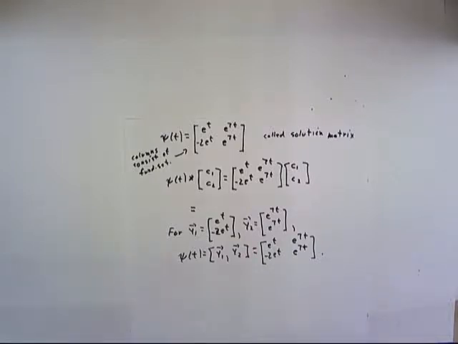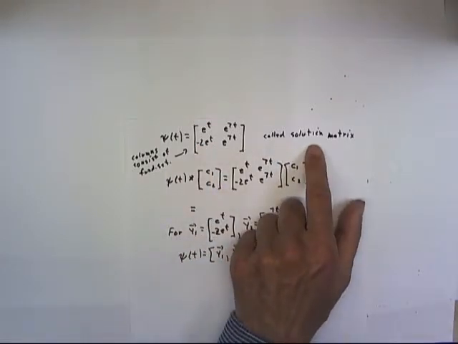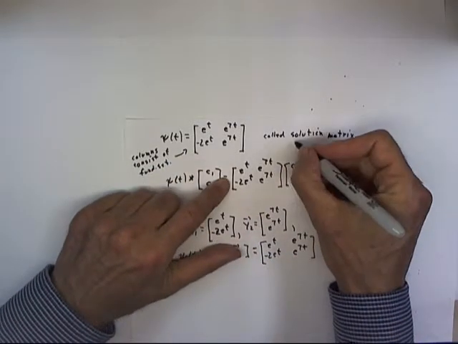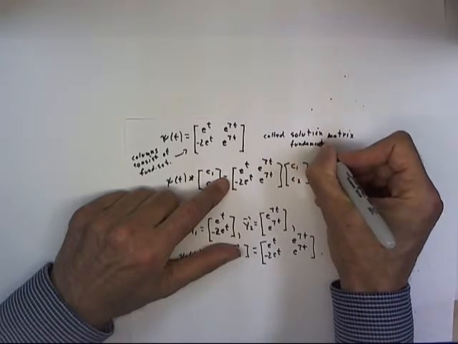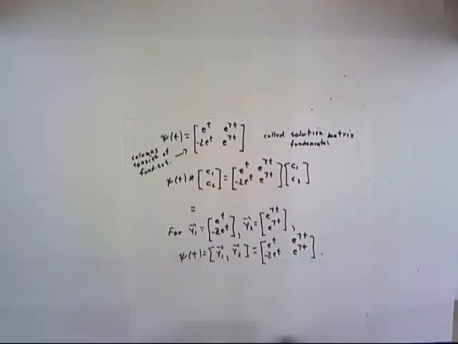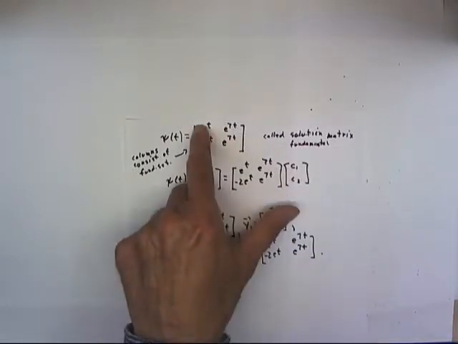We could have chosen any multiple of any of those vectors, so that this is not our only possible solution matrix. And we might be better off to call this a fundamental matrix.